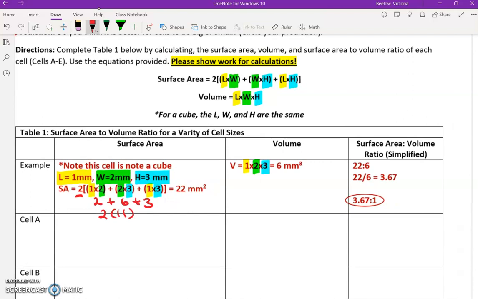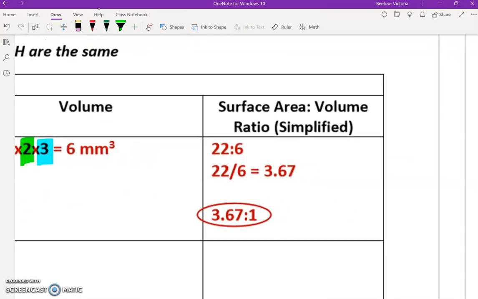Volume is very easy. It's just the length times the width times the height, which would be 6. So basically, we're just plugging into both these equations to get our surface area and volume. The last part that's kind of tricky is figuring out the ratio, okay? So you're going to write the surface area to volume ratio.